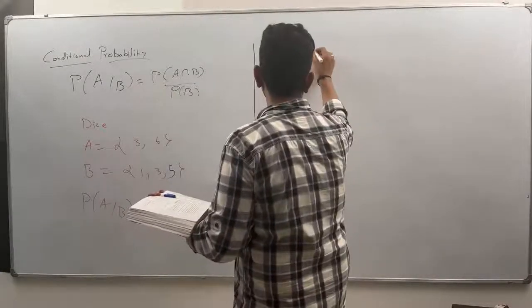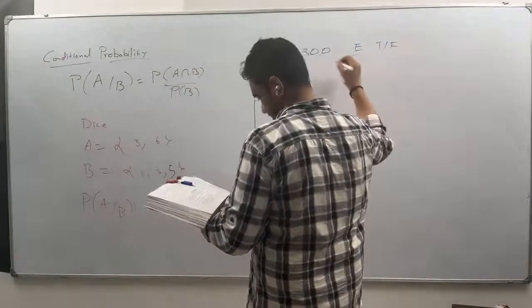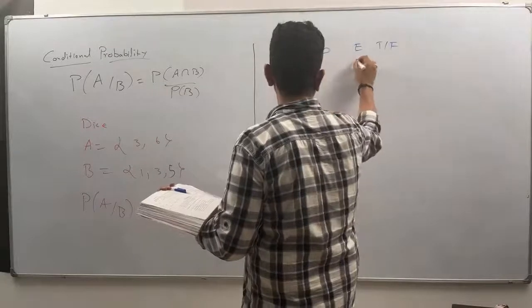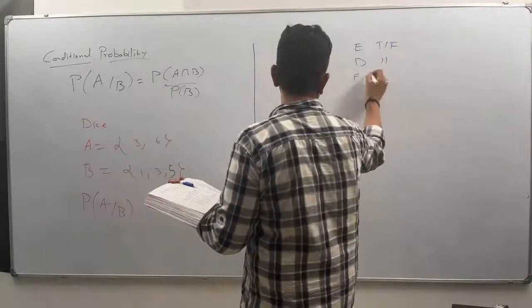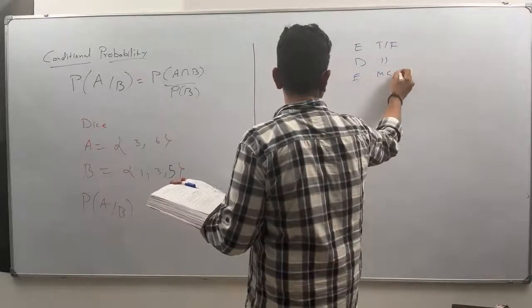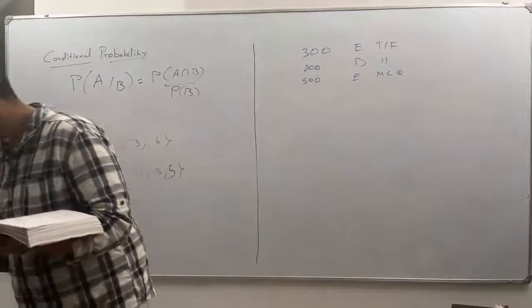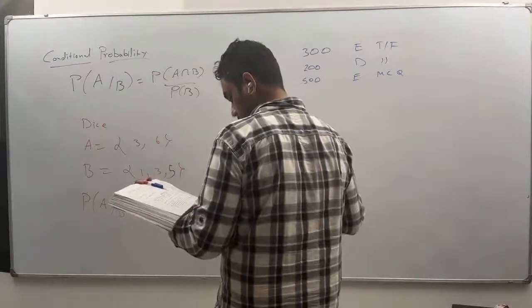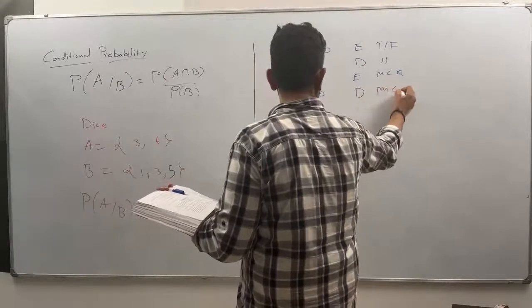Okay, I'll write it. We have 300 easy T and F. We have 200 difficult T and F. We have 500 easy MCQ. Then we have 400 difficult MCQ.